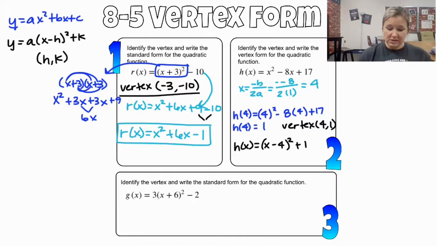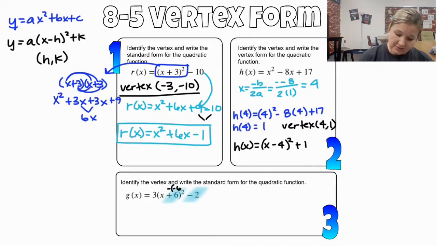All right, so let's look at this last one. It says identify the vertex again and write it in standard form for the quadratic function. Here we're going to be able to just identify the vertex. So remember, that's this number and this number. Just like in the first example, it has a plus 6, which is really like a minus negative 6.